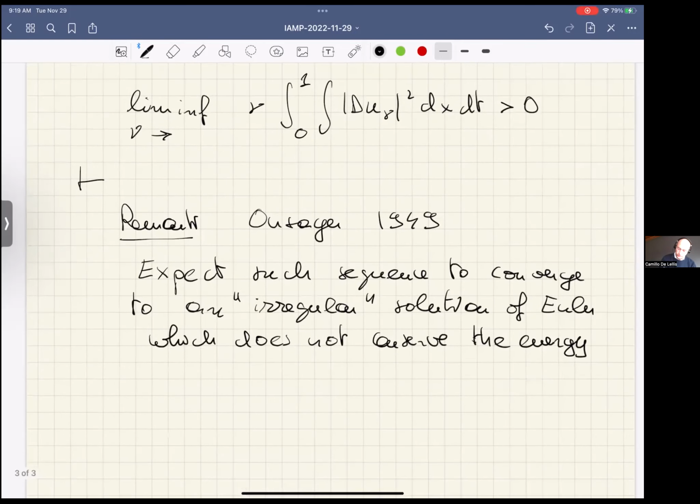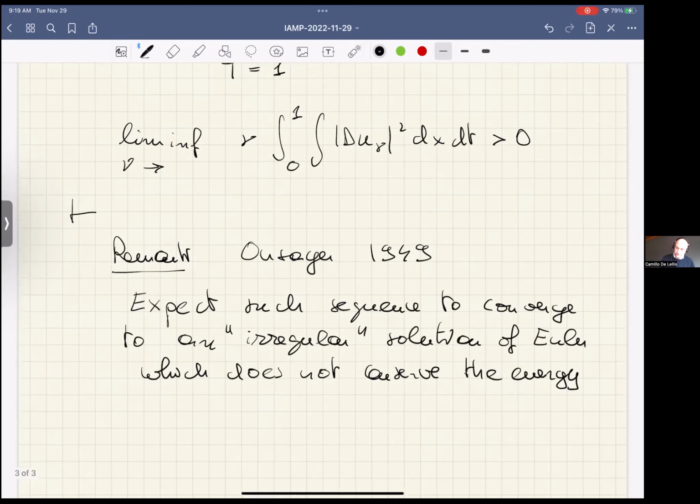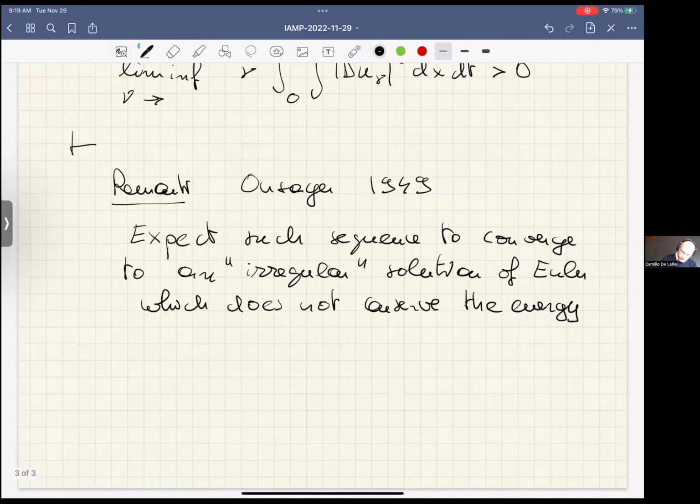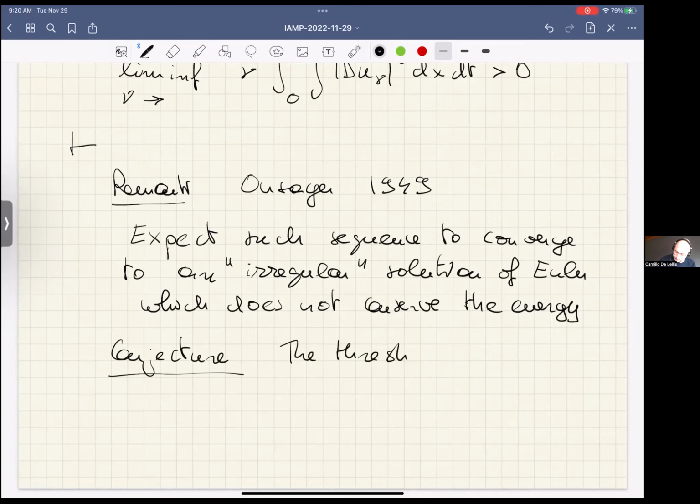And in fact, he put forward what went, at least in the mathematical literature, as Onsager's conjecture. And his conjecture was that this is typically possible for an irregular solution of Euler at a certain threshold. So if the Hölder regularity of the solution of Euler that you're looking at is 1/3. So the threshold regularity for this behavior is C^{1/3}.